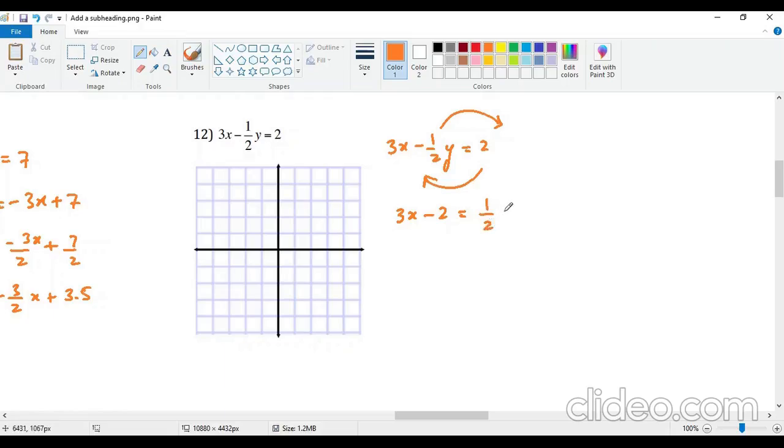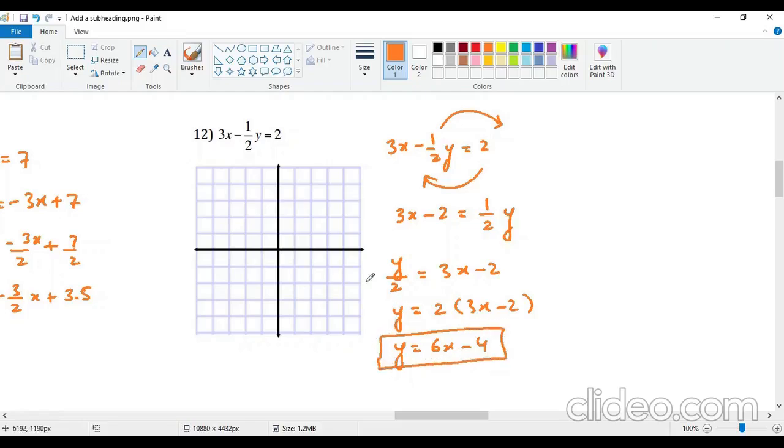It is 1 over 2y, or in other words, half y, or I can write it this way: y over 2 equals 3x minus 2. That means y equals 2 times 3x minus 2, because 2 is dividing y. The other side it will go and multiply. So y equals 6x minus 4. This is going to be your equation. And let's see how we plot it.